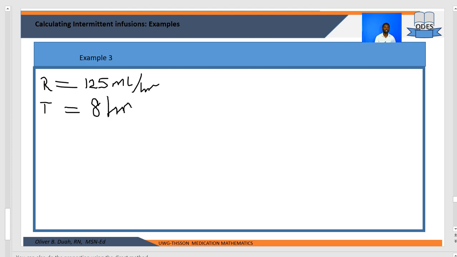What we don't know is the volume that has infused. Okay, so we know that our rate is equal to volume over time. Now, we need volume.